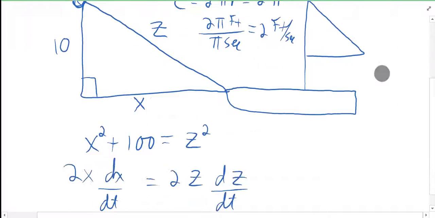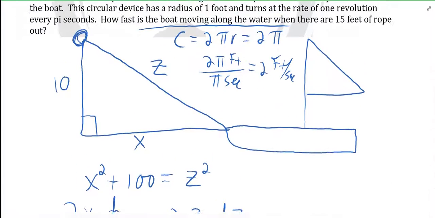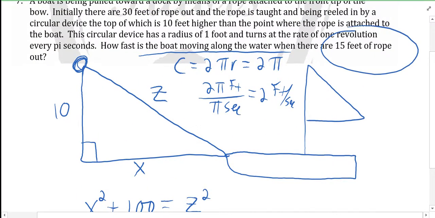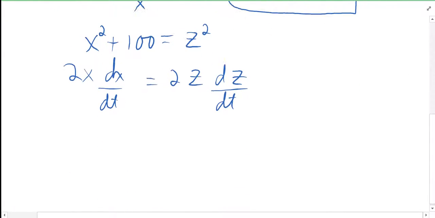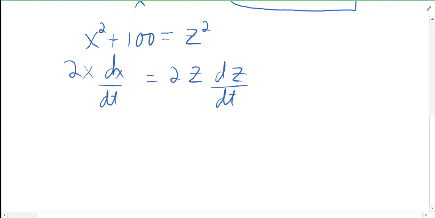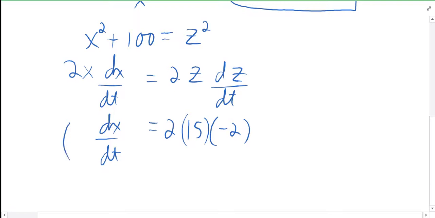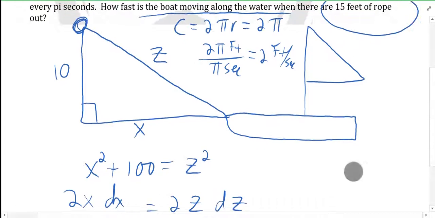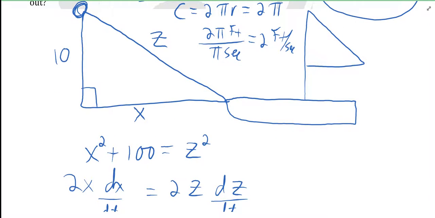That's dx/dt. And we know that z happens to be 15, there's 15 feet of rope out. So z is 15 at this point in time. And we also know that dz/dt is negative 2. We're not supposed to know dx/dt yet. And x, we need to find, because once we know x, then we can find dx/dt. We're going to find x by always going back up and looking at either the equation we've used so far or reading back through the problem to see if we can figure it out.